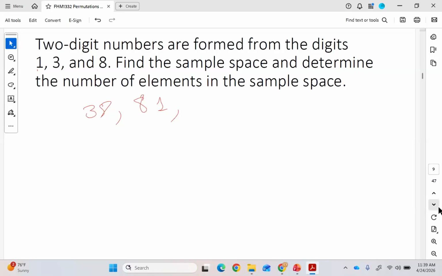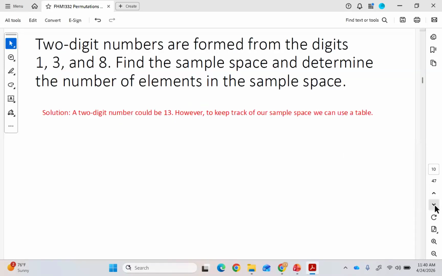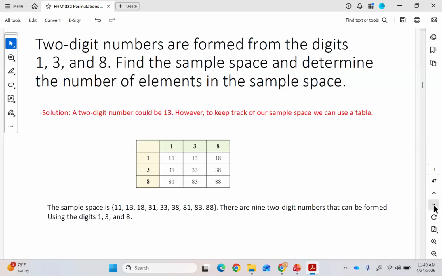And interestingly, happily by accident, I did not list something that repeats, like 33, for example, which would be a possible answer since it uses one of the digits given and it's two digits. So this is a table that shows you all of the possibilities, and the answer is nine.